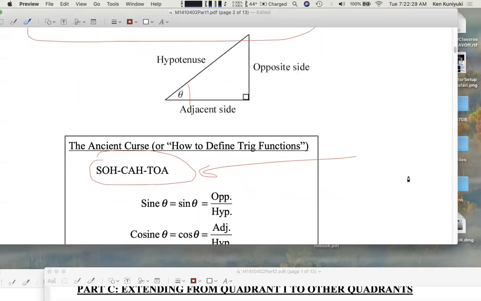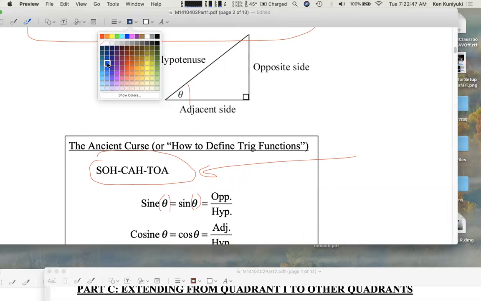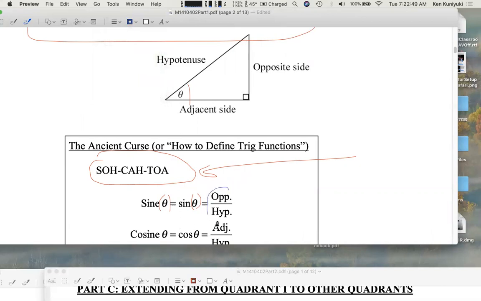All right. So the sine of theta, again, it's nice to put parentheses. The sine of theta is the length of the opposite side over the length of the hypotenuse. So the sine of theta is given by opposite over hypotenuse.